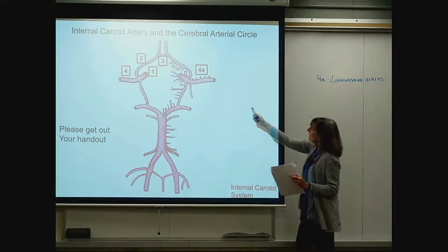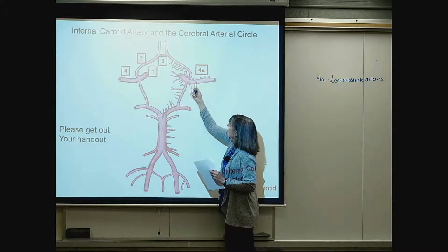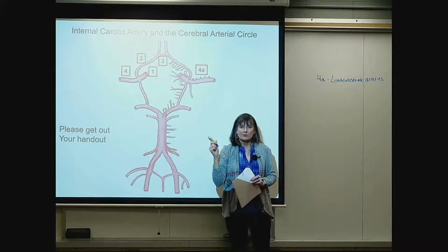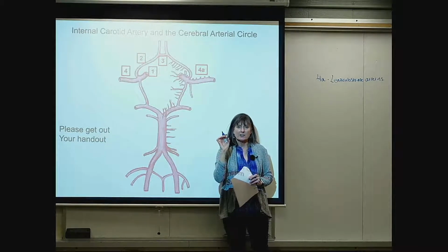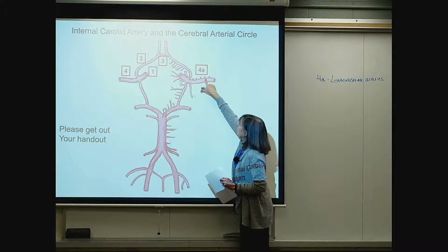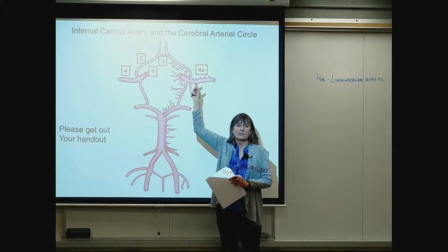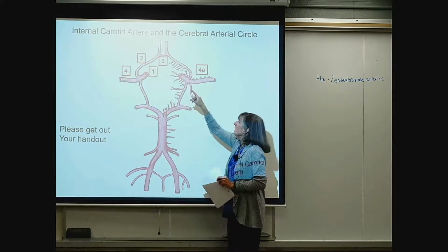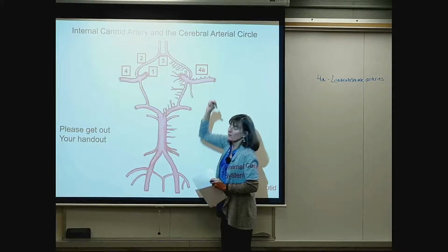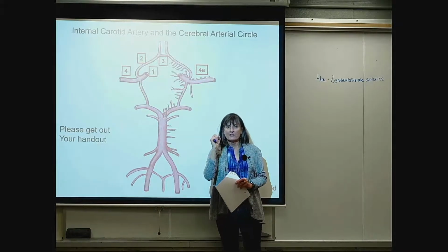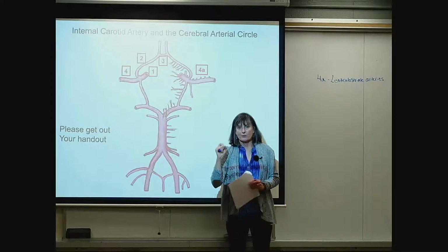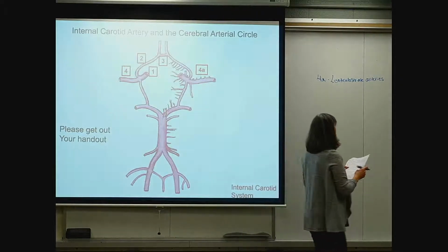And while we're here, I want to point out, these come off at a very sharp angle. This is a right angle here, and these are very tiny arteries. So these are actually a place where there's a lot of times occlusions or clots here. Because of the turn here, as well as the narrow diameter of these arteries, they're often involved in cerebrovascular accidents.